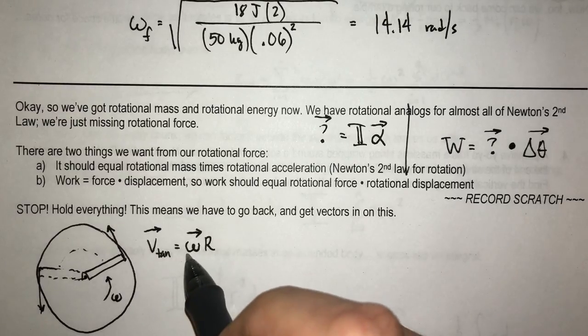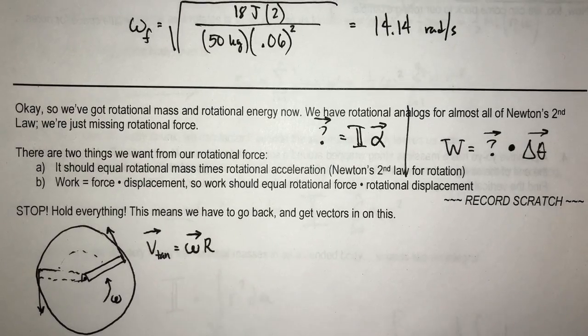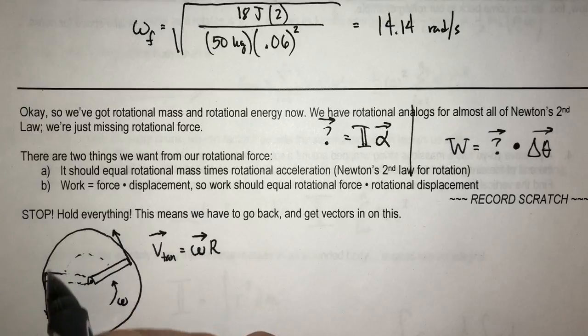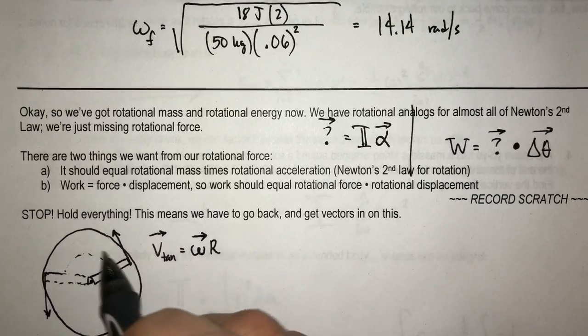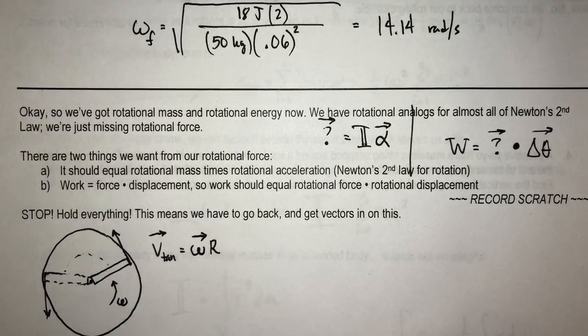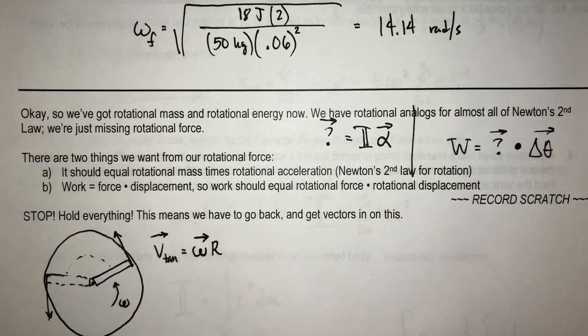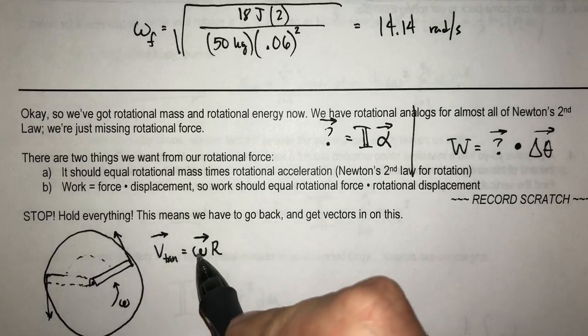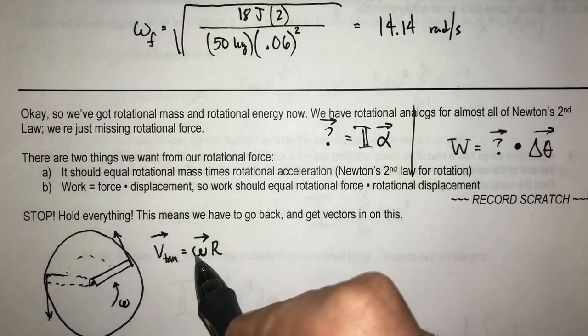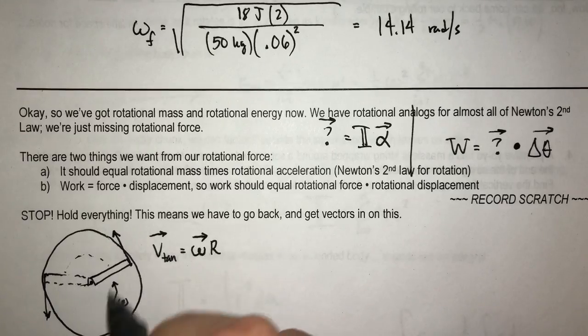What we liked about omega is that it was constant, and it describes the motion of this object as it goes around the clock face, and it doesn't change. And we think about uniform motion in a circular plane. Okay, it's a constant rotation. I don't want the direction of omega to change, because it's all the same rotation.